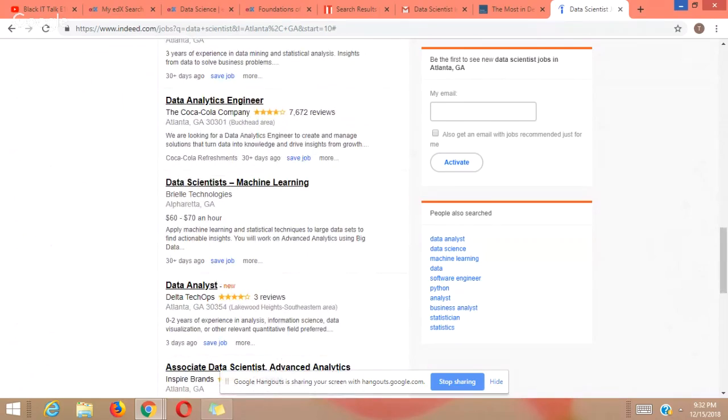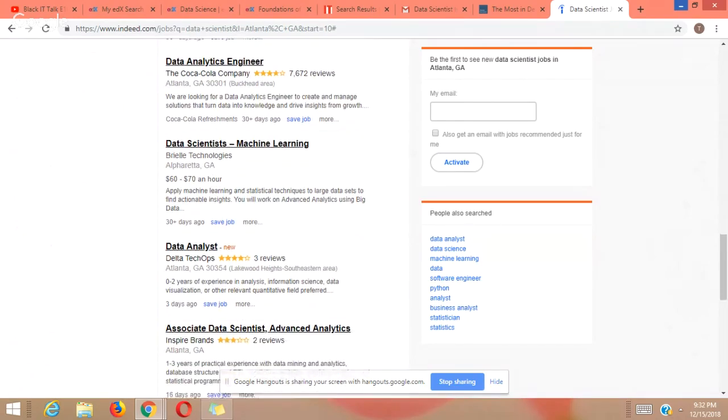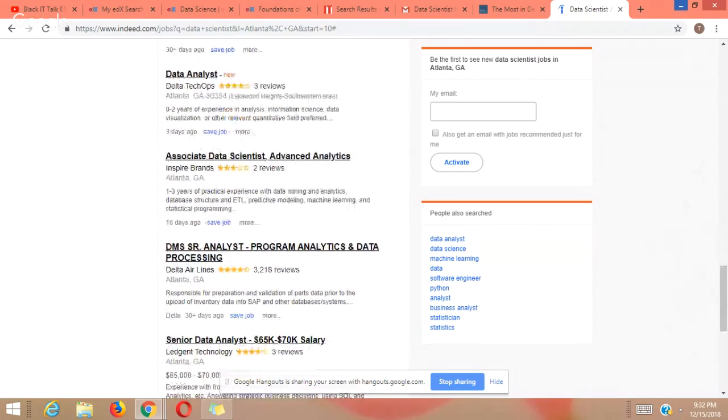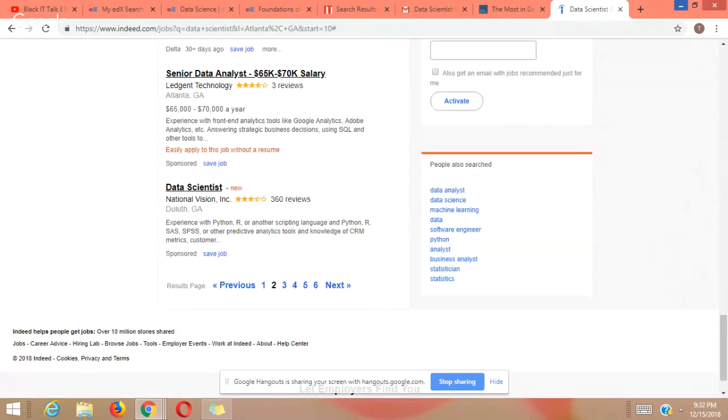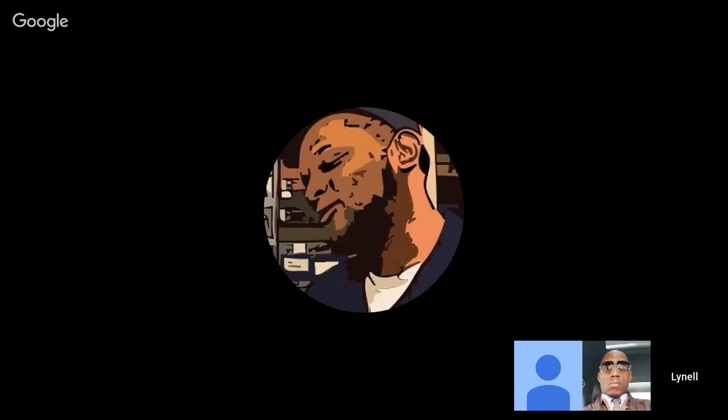So again, data scientist, machine learning, $60 to $70 an hour. This is in Georgia. And a lot of these say Atlanta. Or Delta Airlines. Delta's in Atlanta. Delta Airlines, Duluth, Georgia. It's good stuff. Exciting.